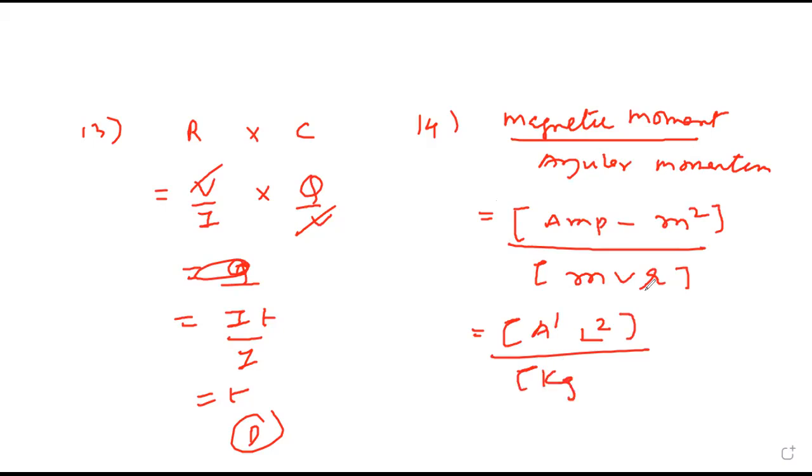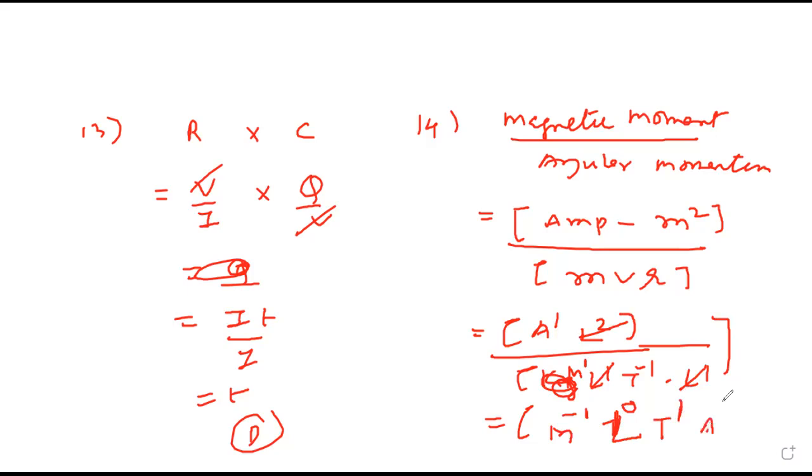Mass is kg, velocity is meter per second, distance is L1, mass is M raised to 1. Now L1 and L2 will get cancelled with this. So M raised to minus 1, L raised to 0, T raised to 1, A raised to 1, option A.